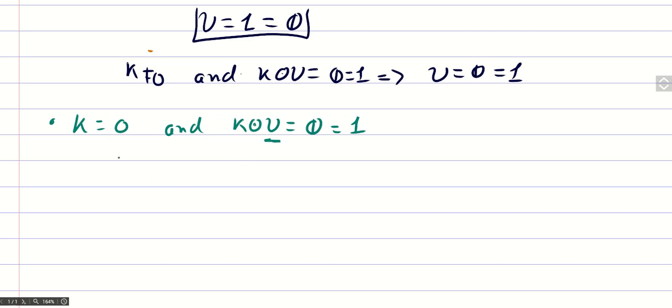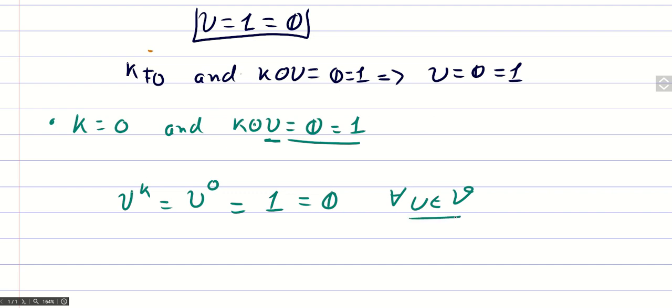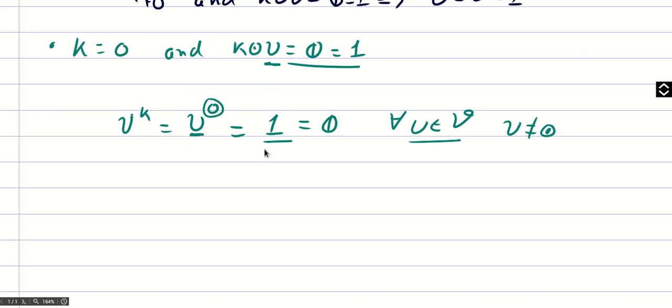Well, if k is equal to 0, we have that u to the k will be equal to u to the 0, and this is equal to 1, which is actually what this statement says, and this is true for any u in this vector space, even u non-zero, because any real number to the power of 0 will be 1. So that proves the other case.